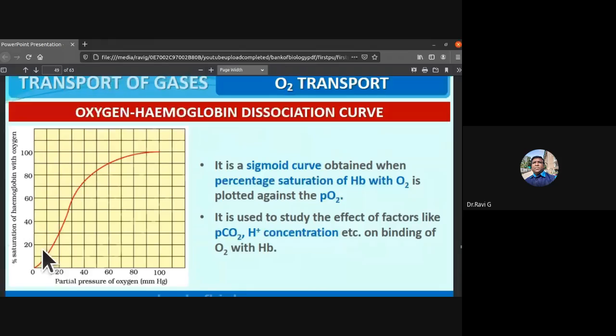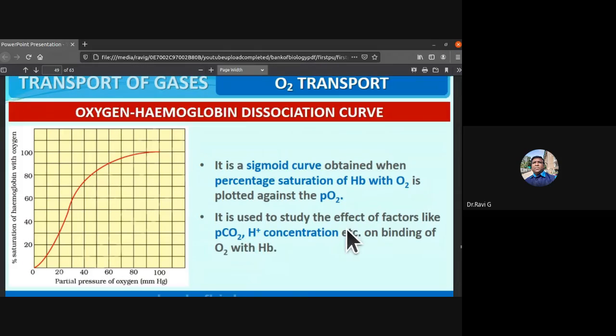It is a sigmoid curve, just like a growth curve. When percentage saturation of hemoglobin with oxygen is plotted against partial pressure of oxygen, the y-axis has percentage saturation of hemoglobin with oxygen and the x-axis has partial pressure of oxygen.